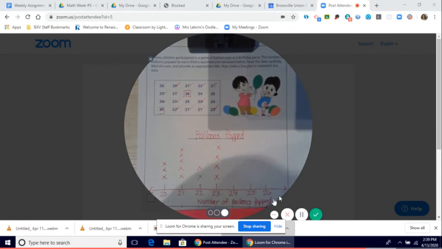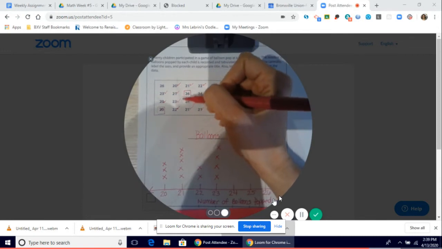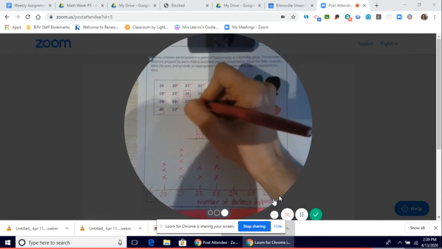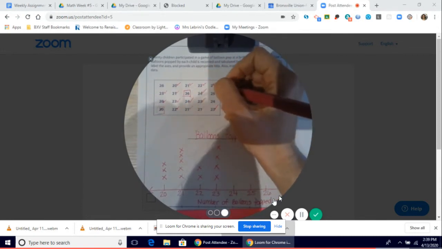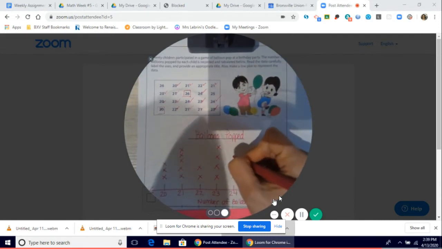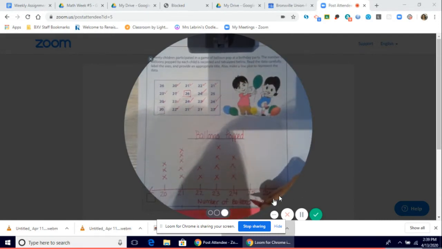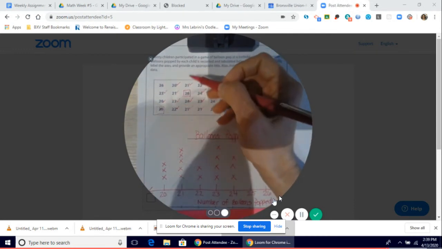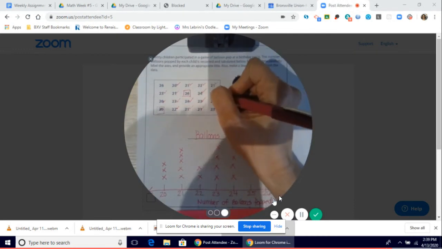And then 24, I have, let's see, 1, 2, and 3. 25 is just 1.